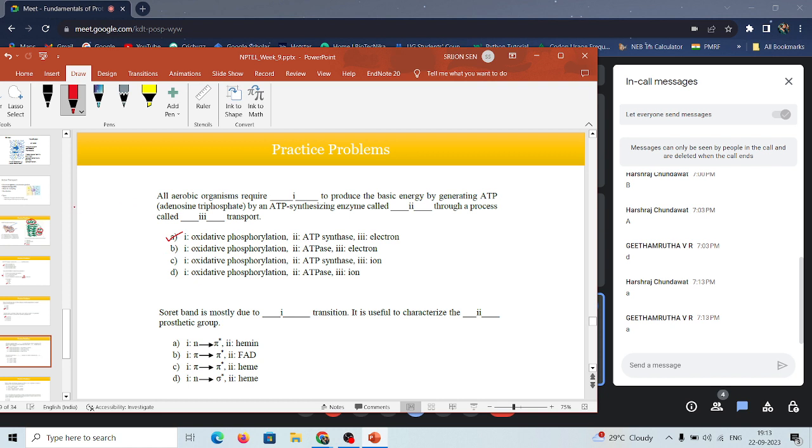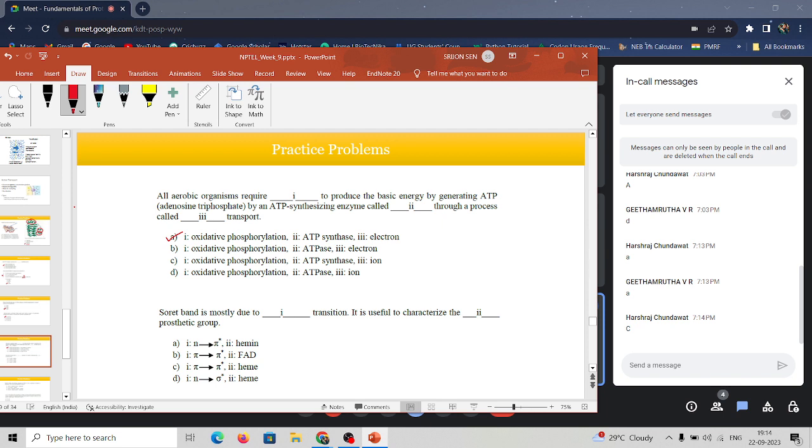Okay, the next one. The solid band is mostly due to dash transition. It is useful to characterize the dash prosthetic group. You basically see this solid band in porphyrin compounds, so this is the hint I'm giving you. In porphyrin compounds, what do you have?